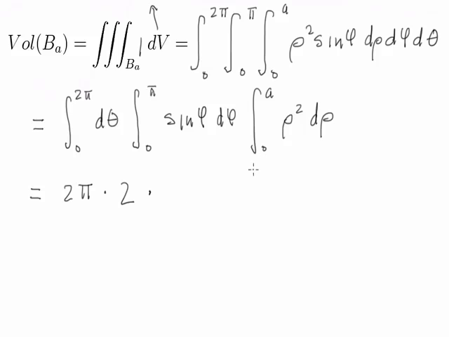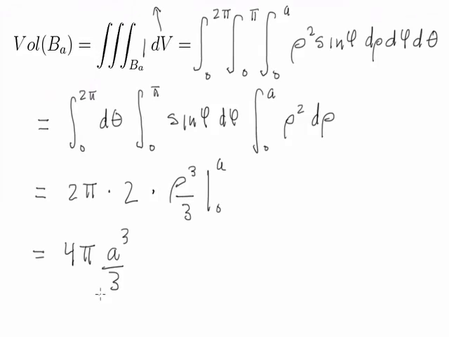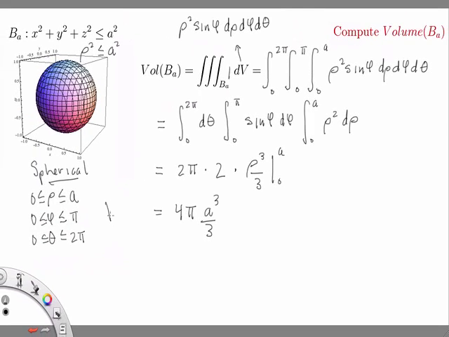And then left here we just have this simple integral in terms of rho, whose antiderivative is rho cubed over 3, and we're going to evaluate from 0 to a. So we have 4 pi times a cubed over 3 minus 0 cubed over 3. So in the end we have 4 pi a cubed over 3.